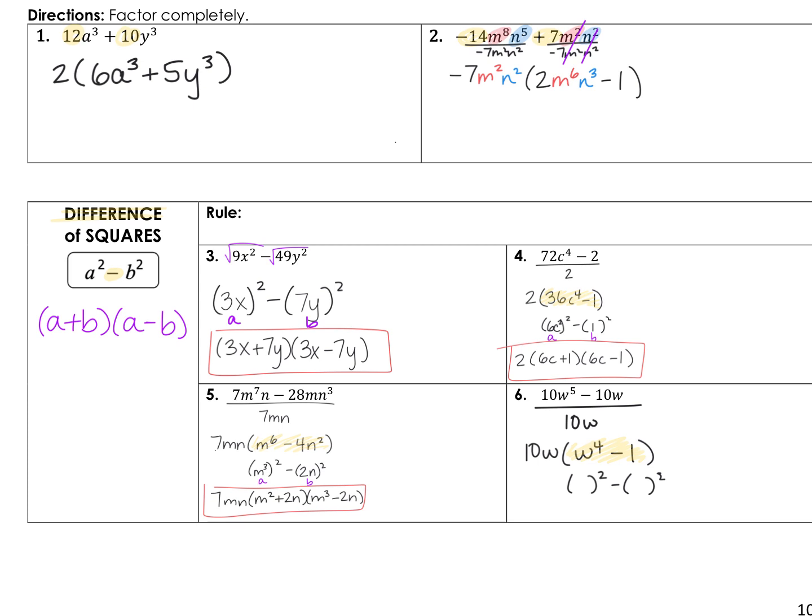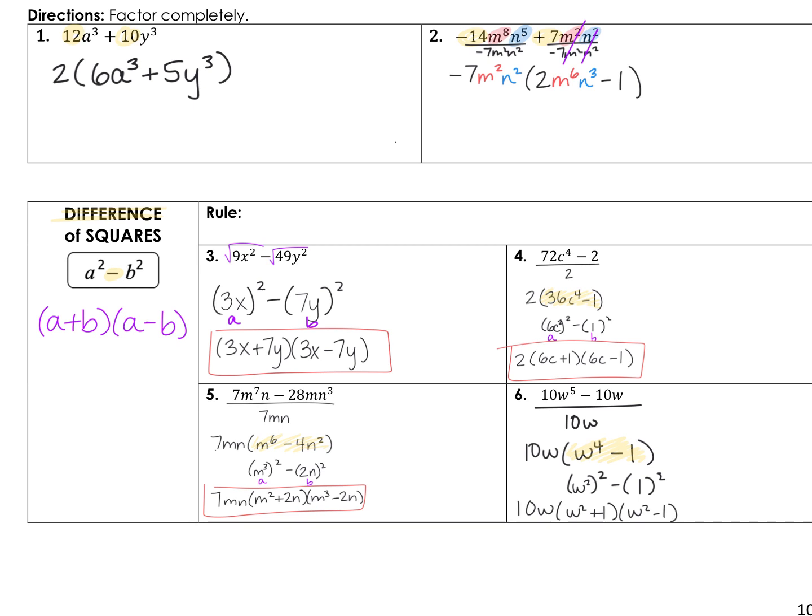Well, cut that in half, it would be w squared squared, and then 1 squared. Okay, this is a fun one, so we're going to go ahead and factor it. Again, you got your a and your b, so it'll be w squared plus 1, w squared minus 1.